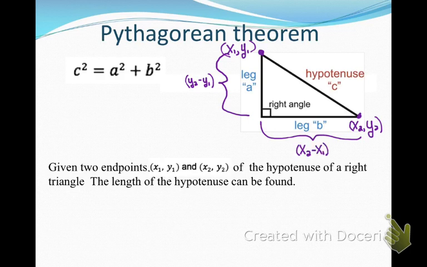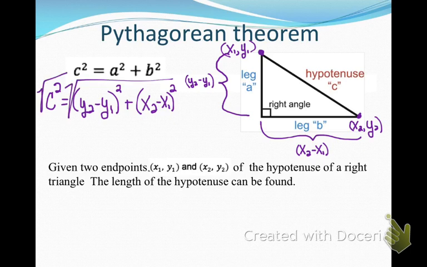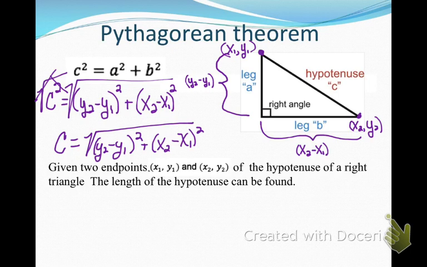And I can put those two expressions in my formula. So I know that c squared equals the quantity y2 minus y1 squared plus the quantity x2 minus x1 squared. I'm just substituting them in that formula. But I don't want c squared, I want c. So I would need to take the square root of both sides to cancel off that square and just get c. So this would be the formula I could use to find that hypotenuse.